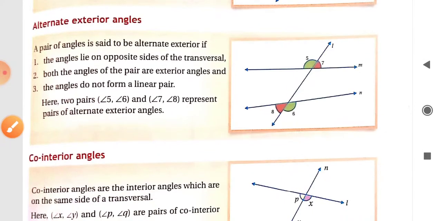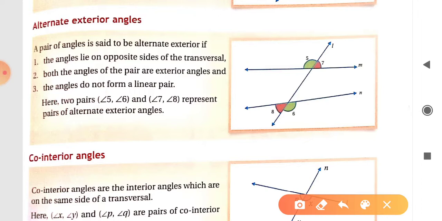Next is alternate exterior angles. This is the same as alternate interior angles. The only difference is that alternate interior angles lie in the interior, but alternate exterior angles always lie in the exterior region. So angle 5 and angle 6 are alternate exterior angles because one angle is on the left side and one angle is on the right side, and both angles lie in the exterior region and they are not forming a linear pair.